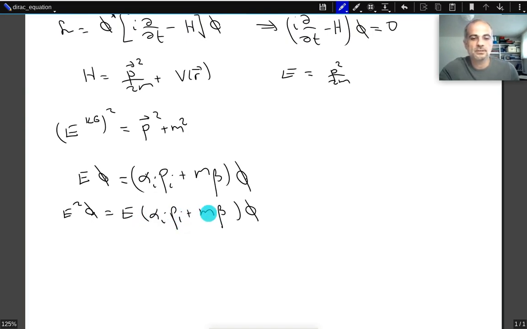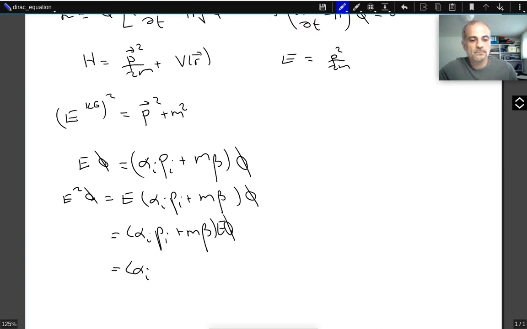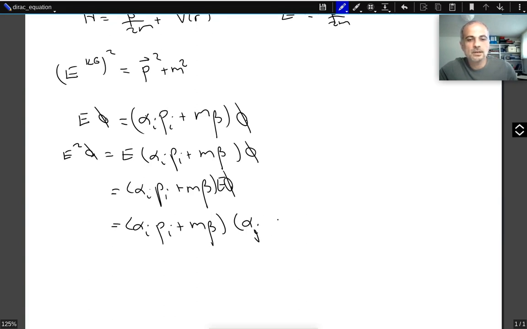And similarly, alpha i and m are time independent, and hence they commute with the energy operator. So this becomes (alpha i p i plus m beta) E phi, which is (alpha i p i plus m beta) times (alpha j p j plus m beta) phi, using a different dummy label j.